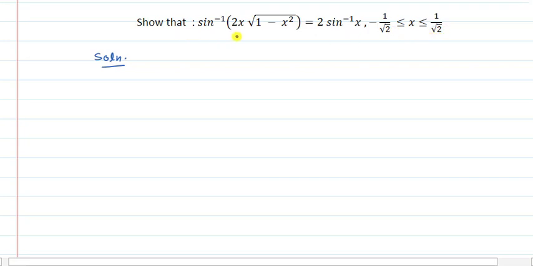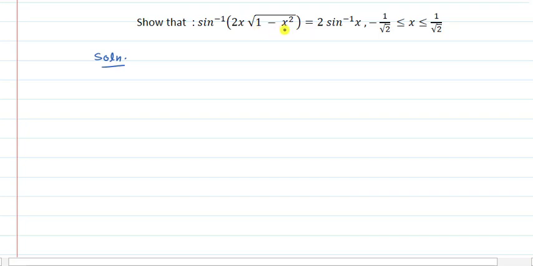So, to solve this type of problems, we will use the substitution method. First of all, let us substitute x in such a way that after putting that substitute value over here, we get some identity of trigonometry.